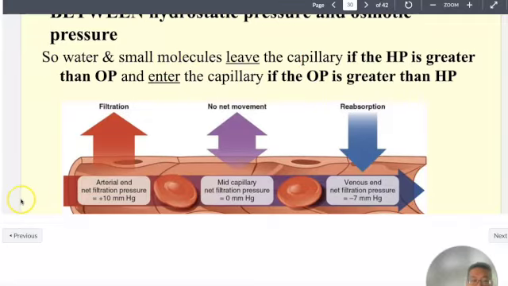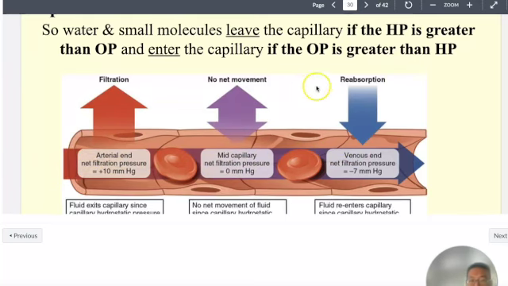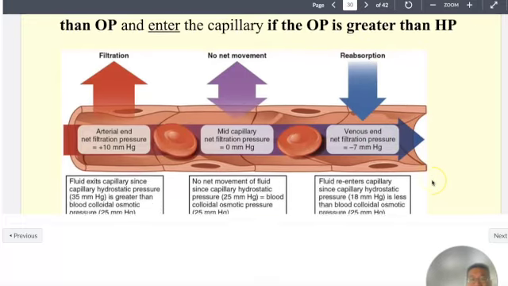If it is very strong, it's going to push right through. It will enter the capillary if the hydrostatic pressure is not very strong but the attraction of osmosis is stronger, then it will be absorbed.